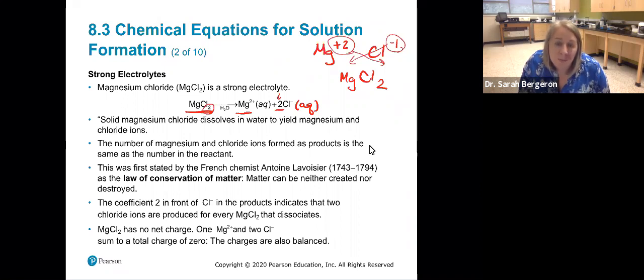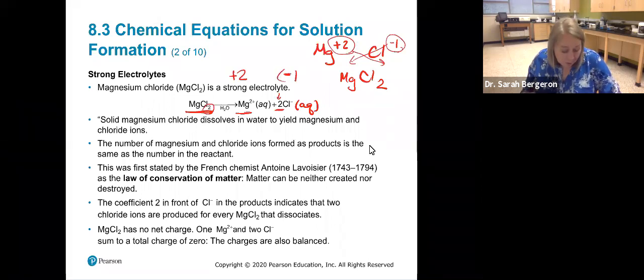And the other thing is that the left-hand side of the equation has no charge. You can see that there's no charge because the charges in magnesium chloride balance out. The same thing should be true about our products. So we have Mg2+, that's a charge of +2. Then we have chlorine, which is a charge of -1, but we put our coefficient of 2.